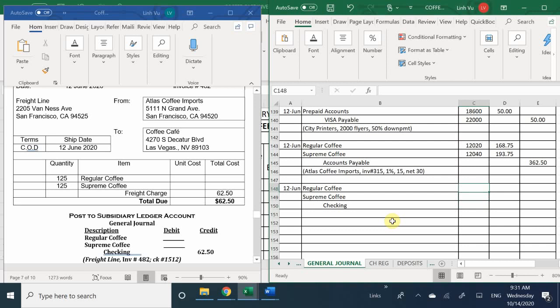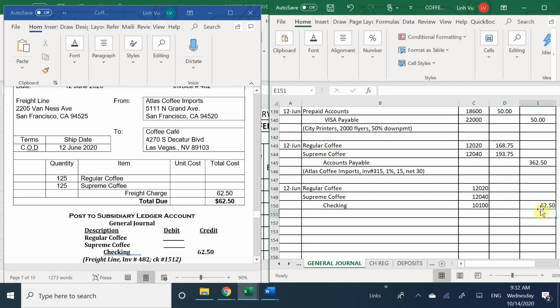So again, this is June 12th, with the inventory accounts, and my checking account. We already said that we're going to take 62.50 and divide it in half.